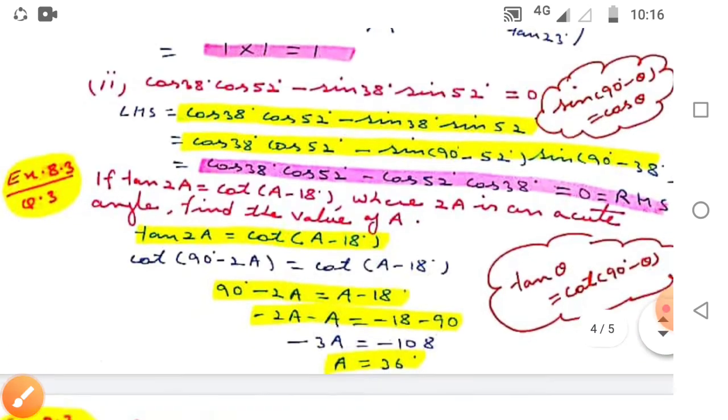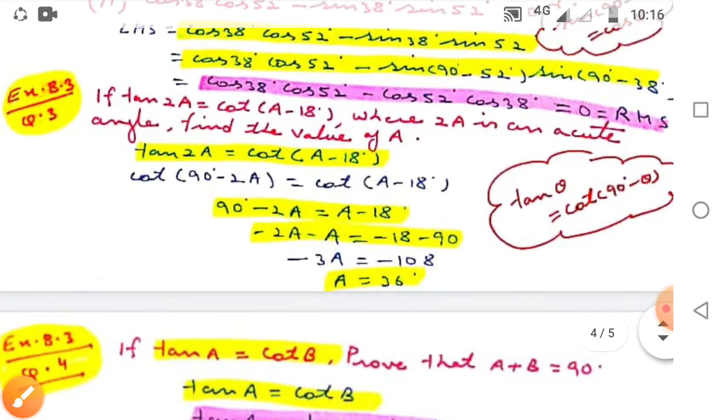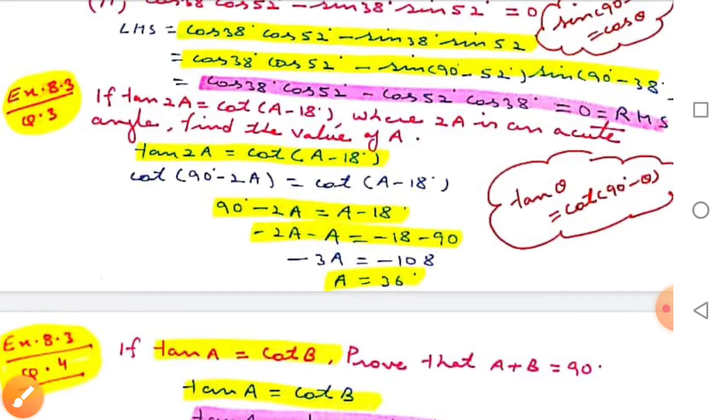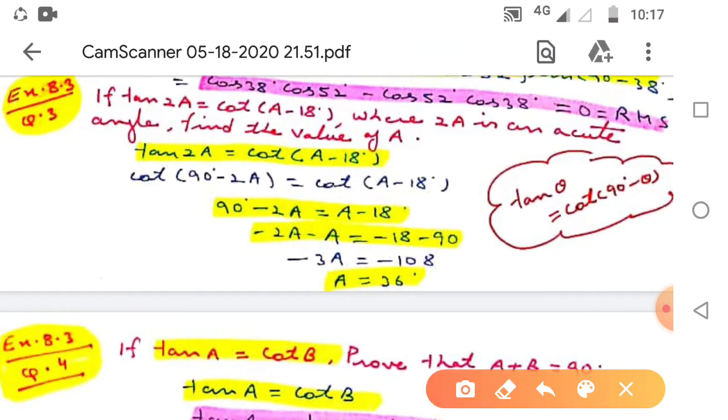Now 8.3, question number 3. If tan 2a is equal to cot a minus 18, where 2a is an acute angle, find the value of a. Now on the left hand side we have tangent of an angle, and on the right hand side we have cot.